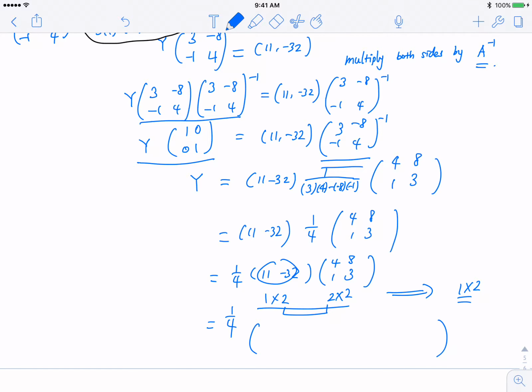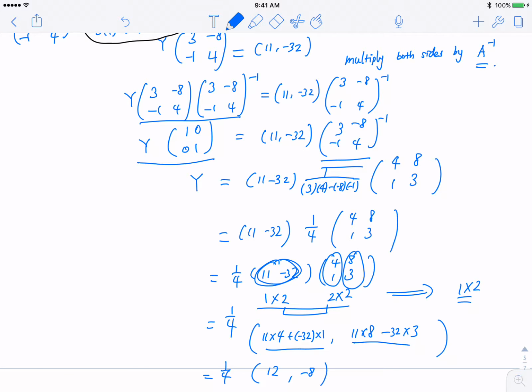And let's just do rows times column. 11 times 4 plus negative 32 times 1, and row times column. Let's simplify the answer. For the first result, we will get 12. For the second result, we will get negative 8.